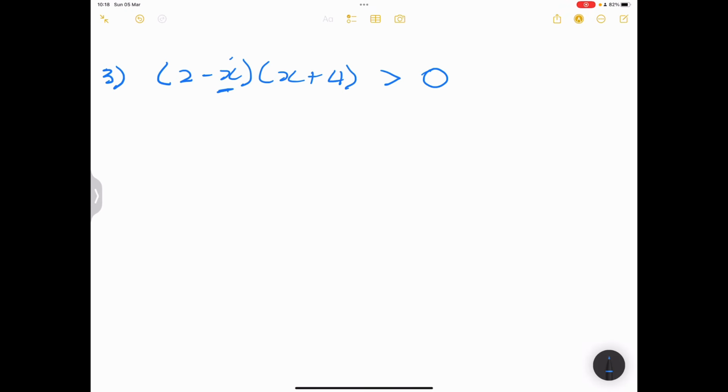If you were to multiply and say negative x times x, you'd get negative x squared. So what does that mean? It means that in this case, your value of a would be negative, right? So we're going to try and get that x value to be positive. What am I going to do?